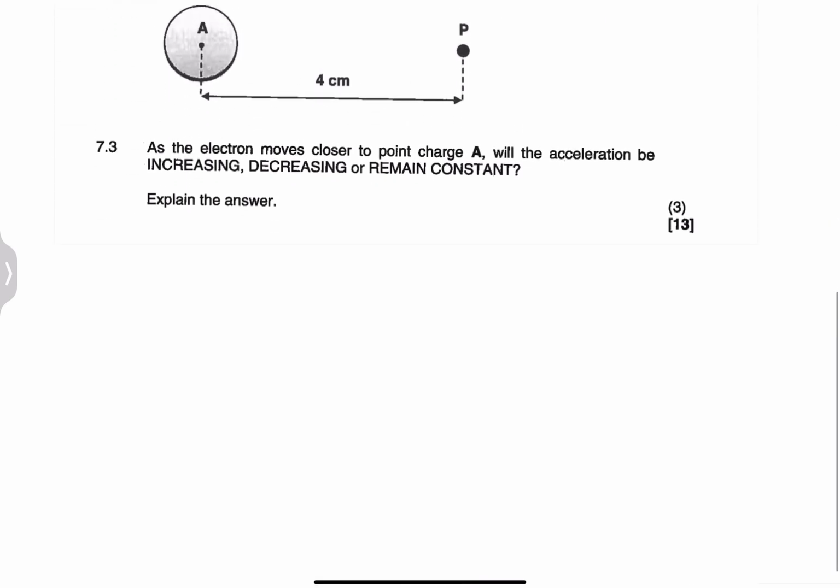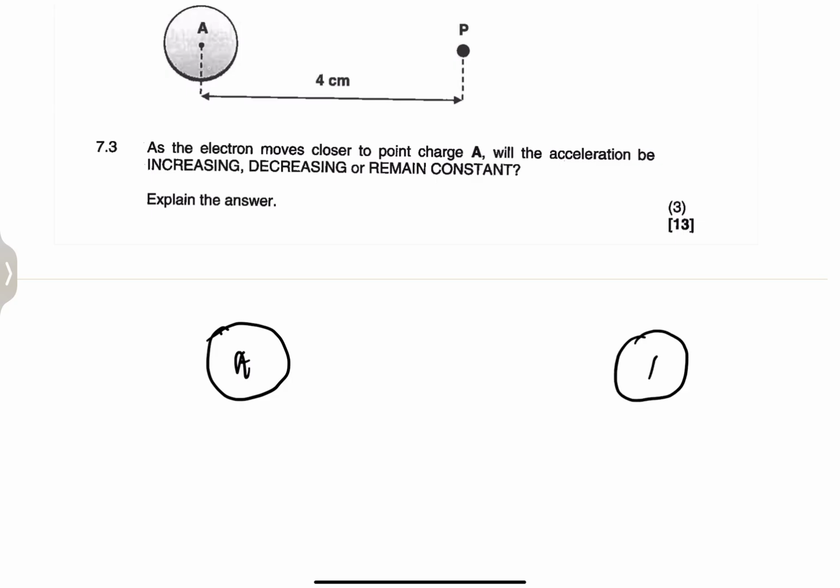Now, I want you to note in this case, you've got the 2 point charges, both A and B, and you also have the electron at that particular point. Now remember, the charge of an electron is 1.6 times 10 negative 19 coulombs.